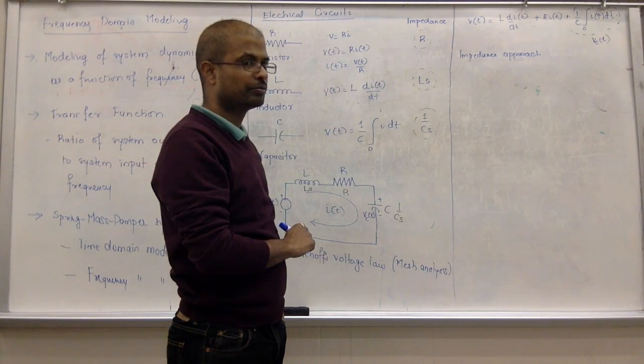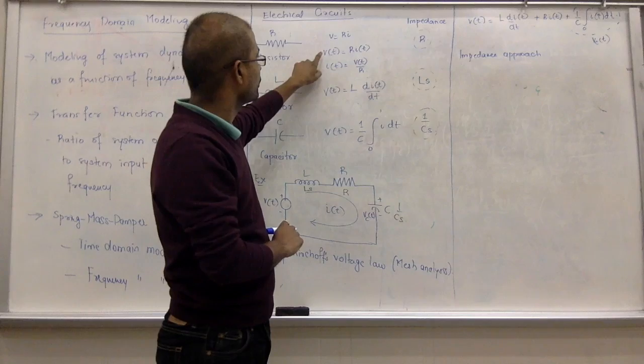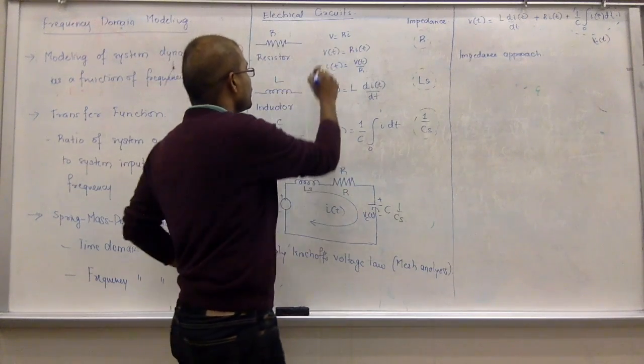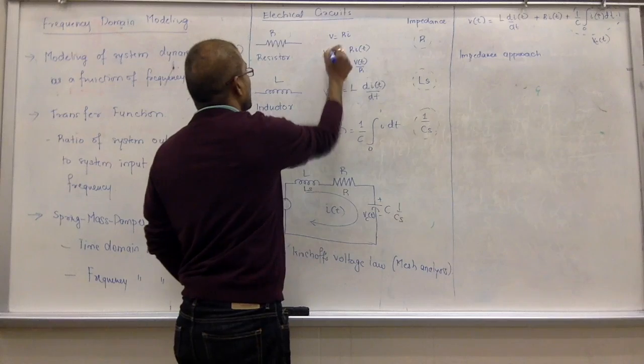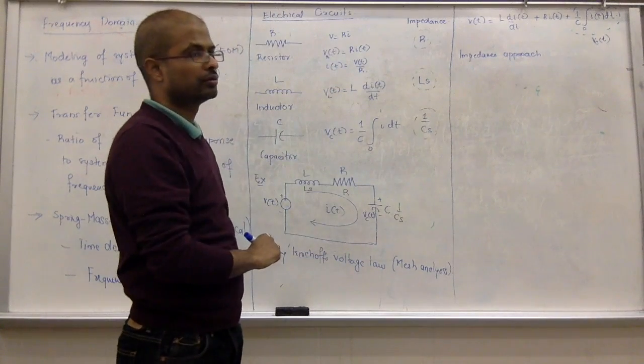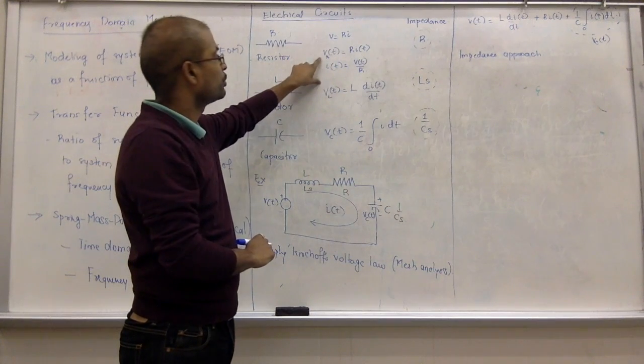I thought he did mention that the input was the voltage. Right. Don't confuse this voltage and this voltage. Think about this as VR, VL, VC. This voltage is not the applied voltage.